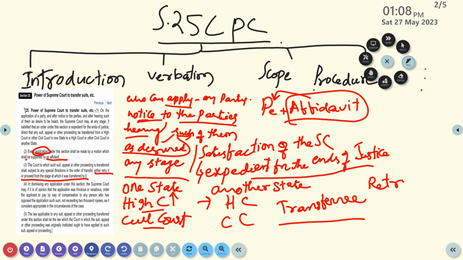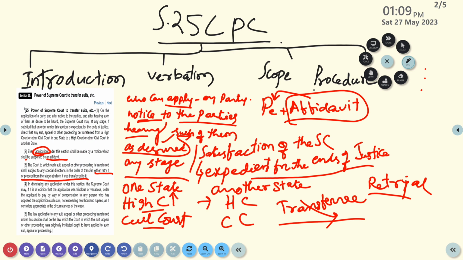Retrial, retry means from the beginning. One is retrial. Second is from the stage at which it was transferred. At whatever stage the matter has come to the transferee court, from that stage also it can hear. So that is section 25 class 3.